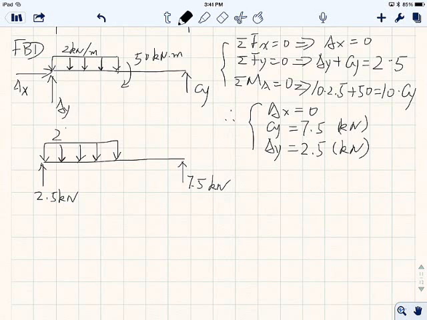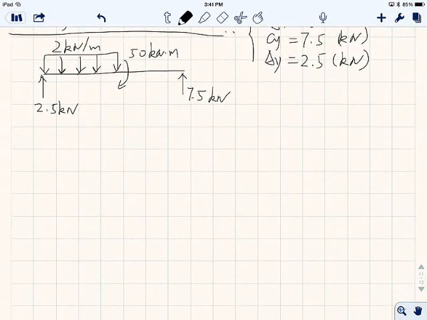Distributed load 2 kilonewton per meter going downwards. Bending moment 50 kilonewtons times meter over here. Okay, so separate them a little. This is a fully solved free body diagram, right?